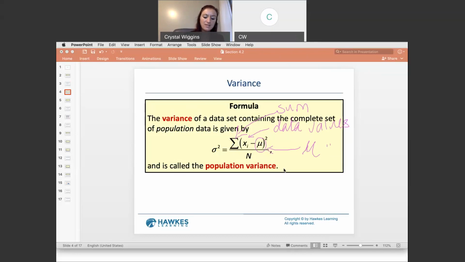We talked about this in 4.1 when we were talking about measures of location. This is the population mean.